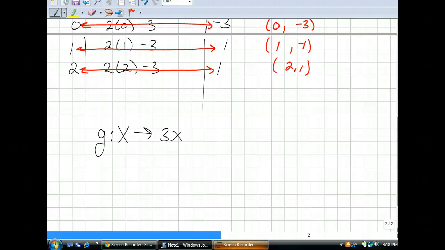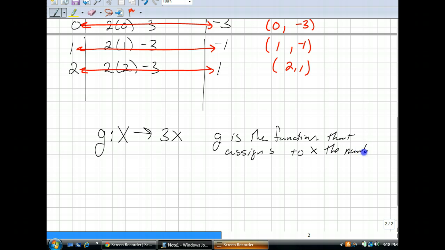So this says g is the function that assigns to x the number 3x. Okay, so the correspondence is that you're multiplying x by 3.